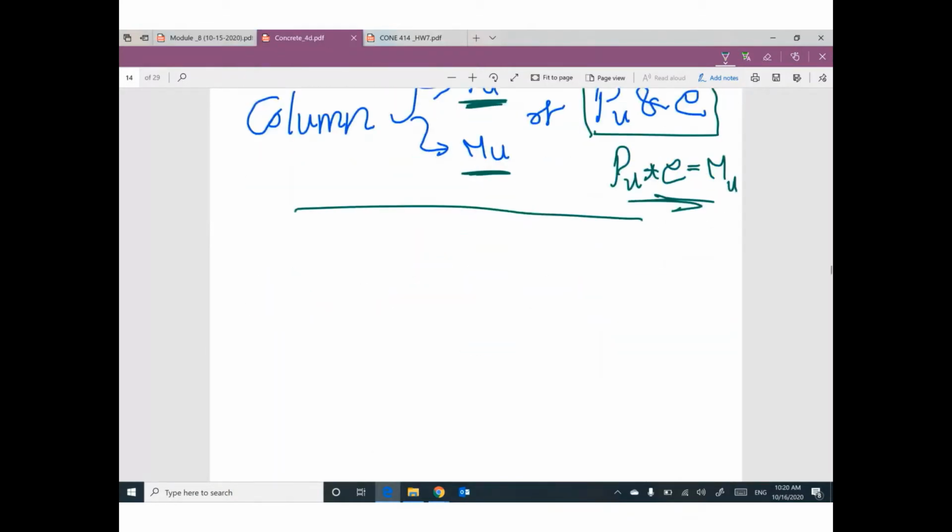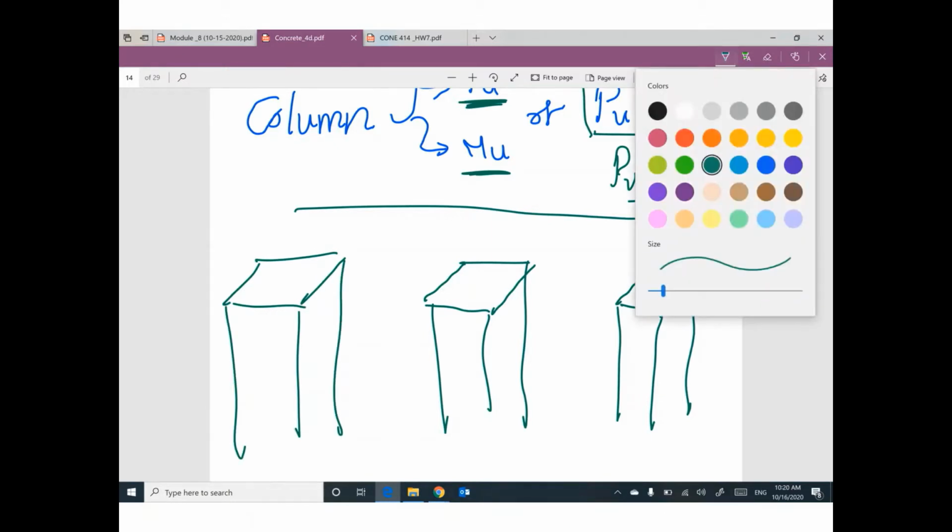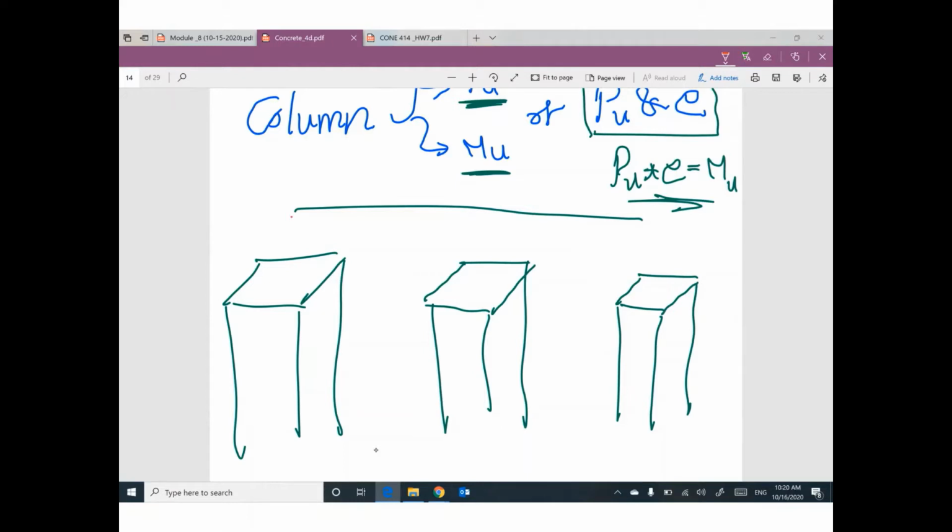If you have a column, and another column, and another column, the first column is under the effect of concentric load. I believe if you calculate the design capacity of this column, phi Pn will probably be 600 kip, because the load is applied at the center of the column. It's concentric.